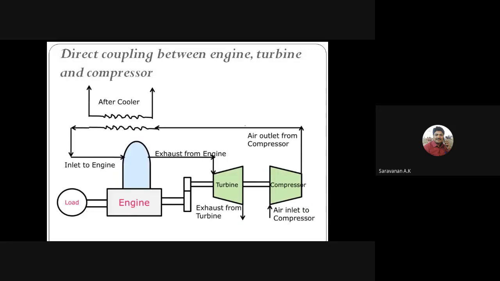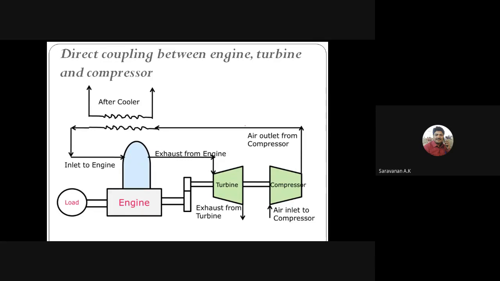The last one is the direct coupling between the engine, turbine, and compressor. In this arrangement, all three, the compressor, engine, and turbine, are coupled together with the help of gearing or a belt. Most of the time it is coupled with a gear. If the turbine output is not enough to run the supercharger during some part of the engine operation, the engine power takes care of the remaining load.